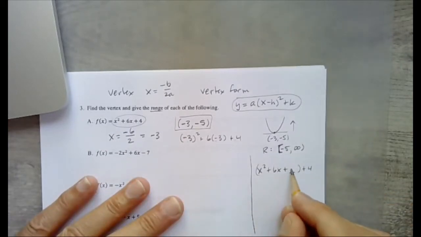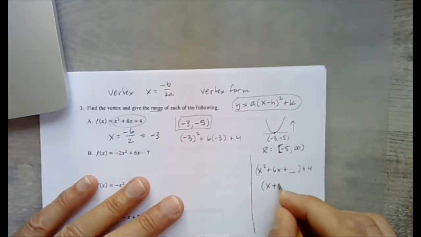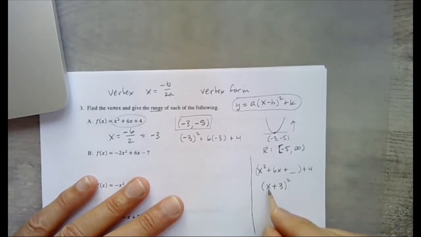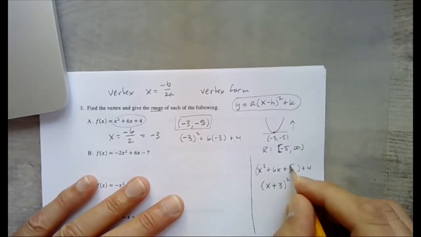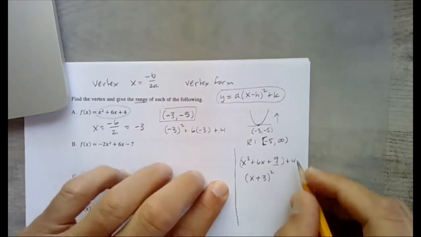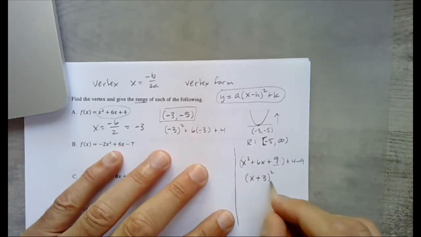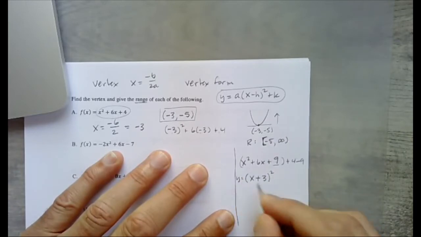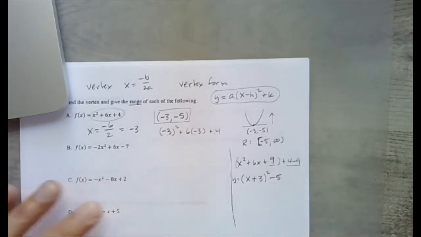To find the number that goes in here, we write this as x plus 3, taking half of this number. If I square this, the first times the first is x squared, the insides and outsides are 3x and 3x, which gives me 6x, and the last times the last gives me 9. If we add 9 here, we have to subtract 9 here. So our vertex form of the parabola is y equals x plus 3 quantity squared, plus negative 5.